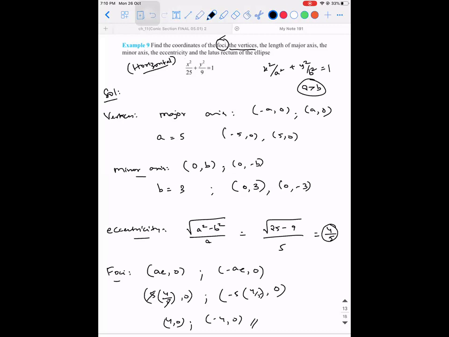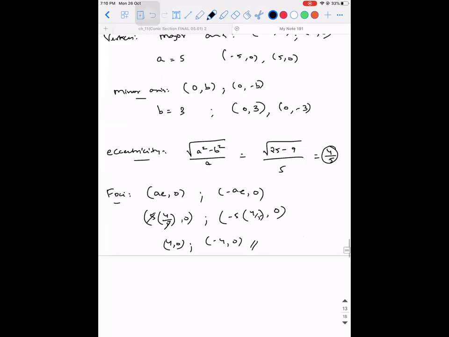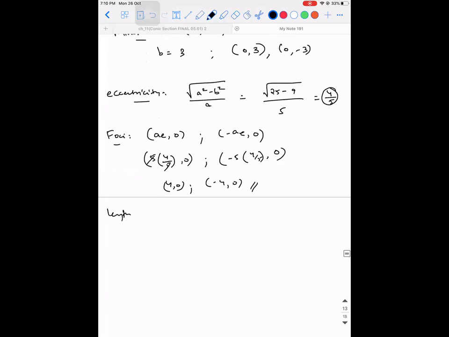So what is the length of the major axis? Length of the major axis is 2a. So 2 into a, which is 5, that will be 10. Length of the minor axis will be 2b. So 2 into, what is the value of b? It is 3. It will be 6.